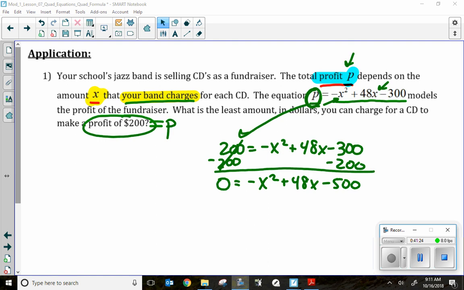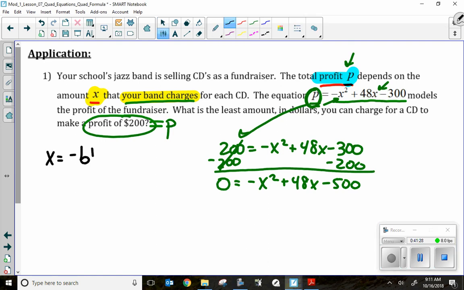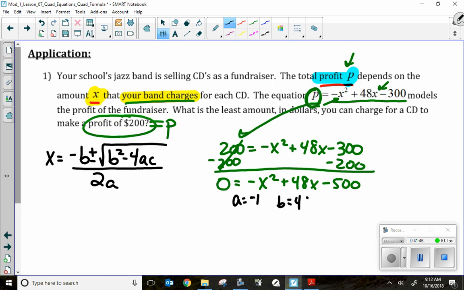So let's do this. X equals negative b plus or minus the square root of b squared minus 4ac all over 2a. I just like to have that in front of me. That's why I rewrite. A is negative 1, b is 48, c, wow, negative 500.